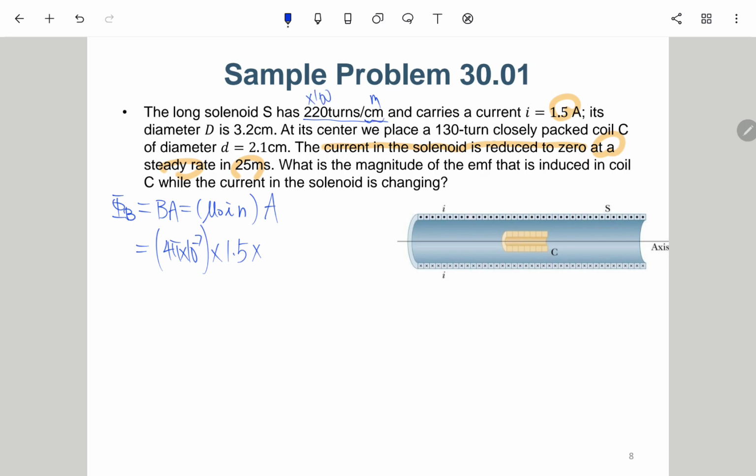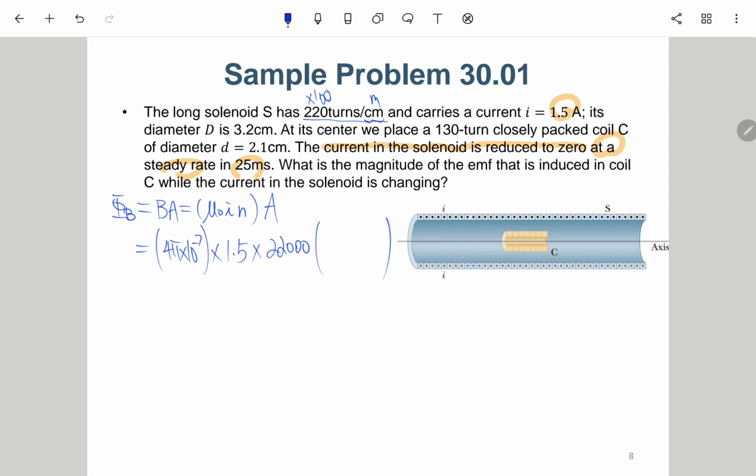Because this is per centimeter, with centimeter in the denominator, to make it meter we need to multiply 100 in the numerator so that the value doesn't change. So 220 times 100 is 22,000.